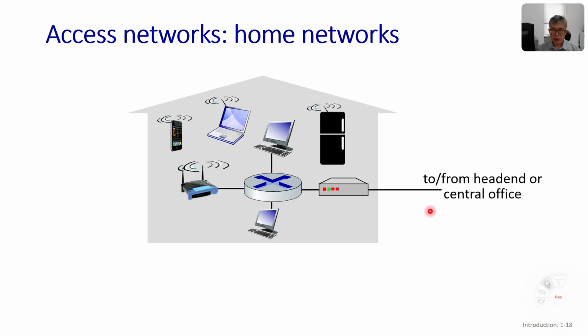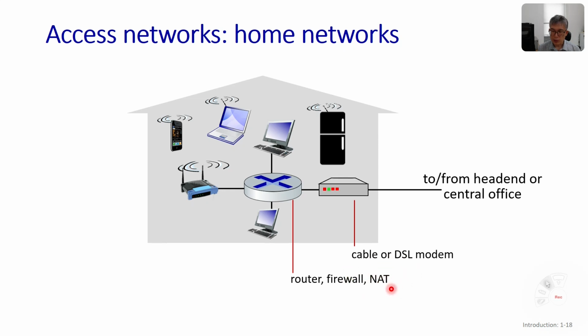So this house is connected to the head end or central office using a cable or DSL modem, and behind the cable or DSL modem we have a switch or router providing firewall service to protect against attacks from hackers.